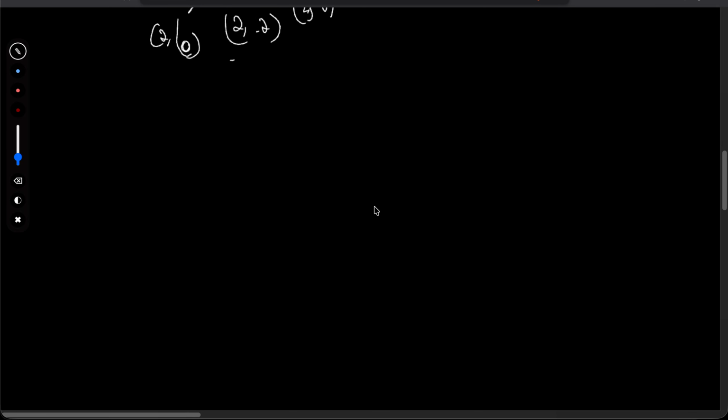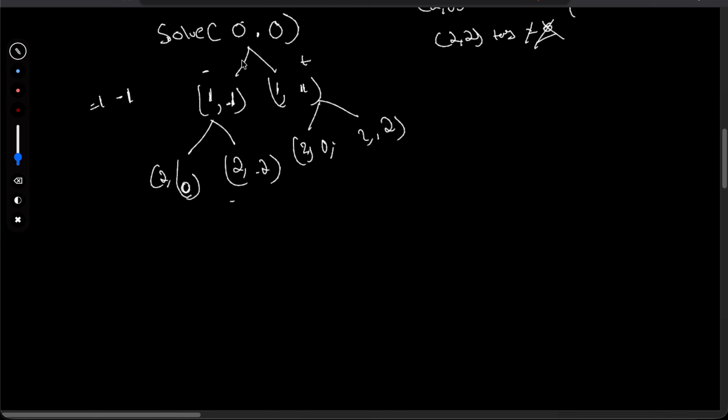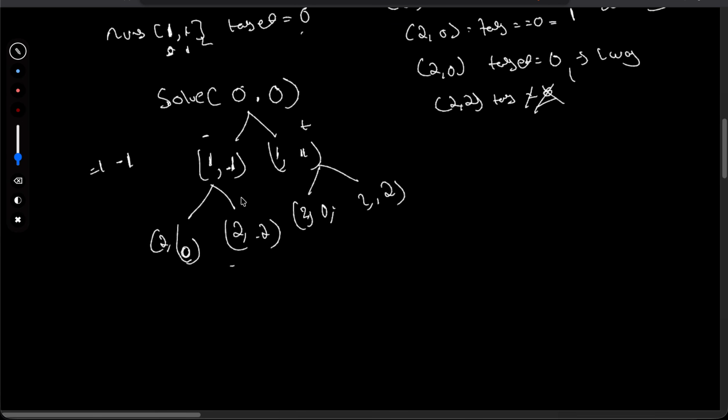So now we are going to use memoization. Memoization means if I already solved a state i and target, and the states are repeating, I will store the answer and reuse it instead of solving again.